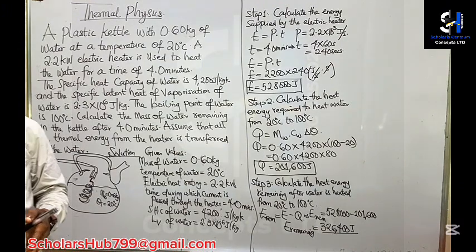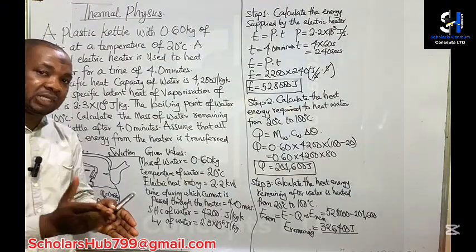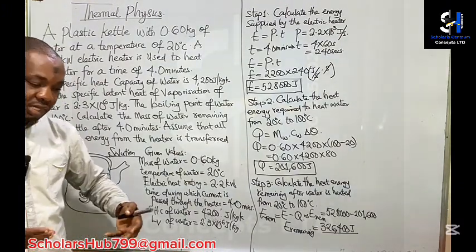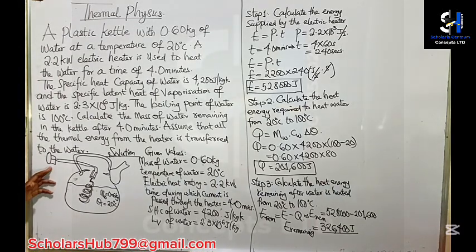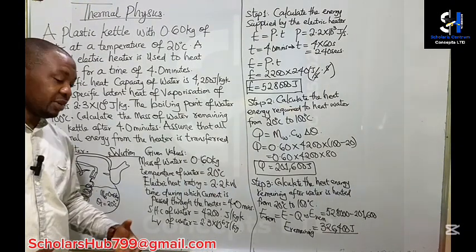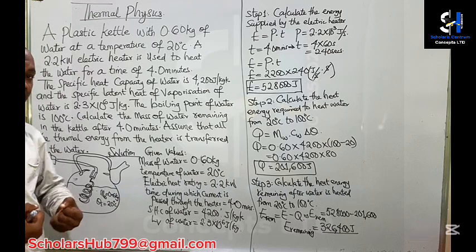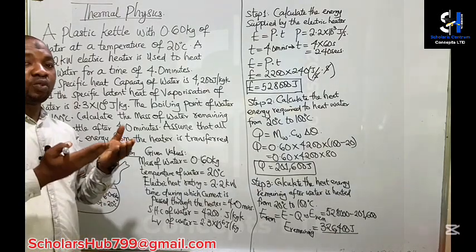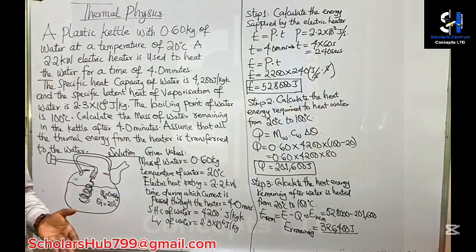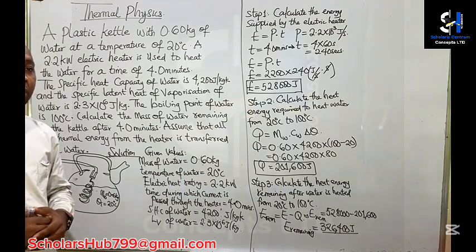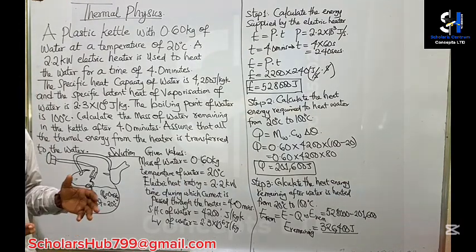So the electric heater will supply heat to water. When current flows through the connecting wire, the current will flow through the heating element, and the water will then absorb it. When they absorb it, the temperature will rise from 20 degrees Celsius to the boiling temperature of water, which is 100 degrees Celsius.